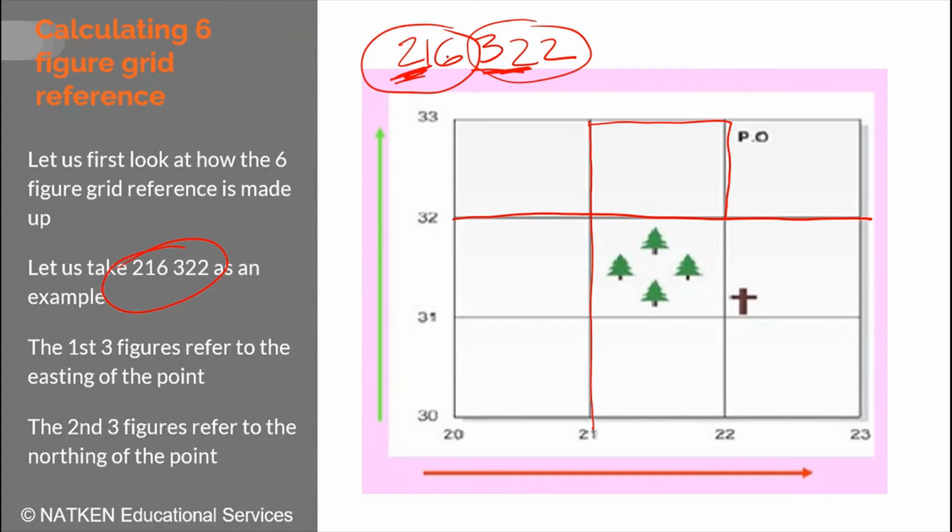Also, 21/6 means that this 21 here, remember that our numbers for eastings increase in an easterly direction. So 21/6, that means we would be going in this direction in order to get to a point of 6. Again, we would start to cut up our box at 0.